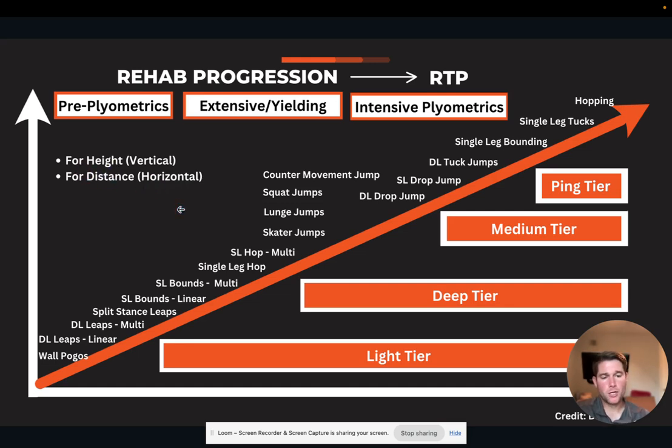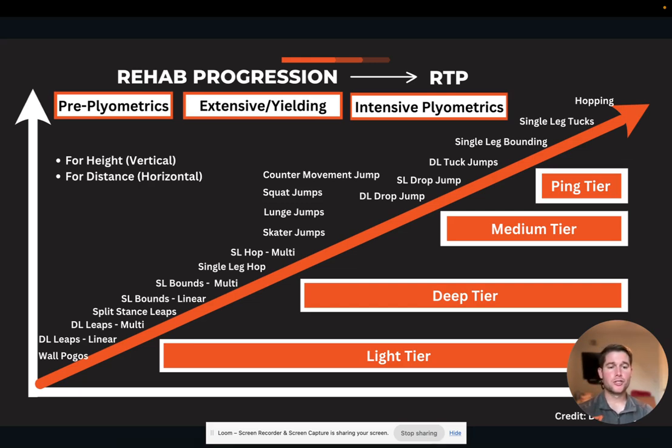So when we're talking about the quads and knowing what muscle group is affected following ACL reconstruction, vertical is going to be much more difficult for the individual coming back from ACL reconstruction. Horizontal, just like their hop test, they tend to pass their hop test before they pass their single leg vertical jump.